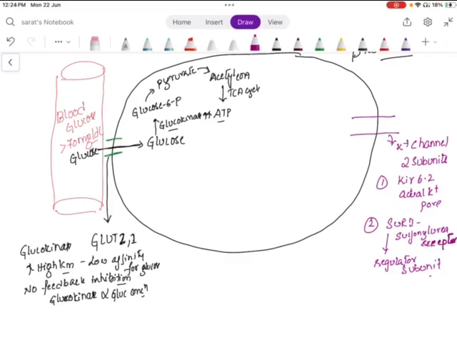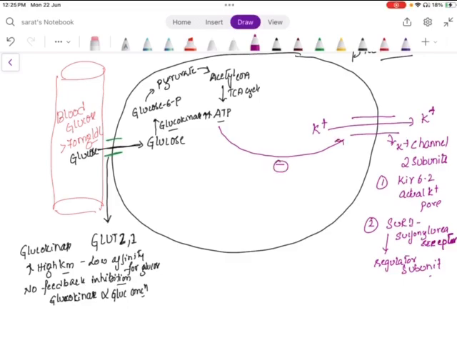Now, what is the normal function of this potassium channel? It causes efflux of potassium from inside the cell to outside the cell. Now, whenever glucose levels are increased, glucose entry also increases and causes more acetyl-CoA and more ATP formation. This causes inhibition of this potassium channel.